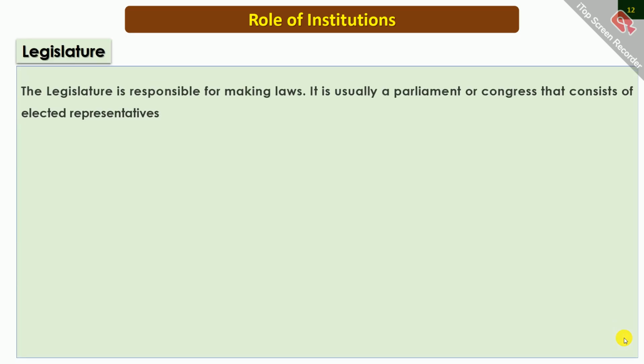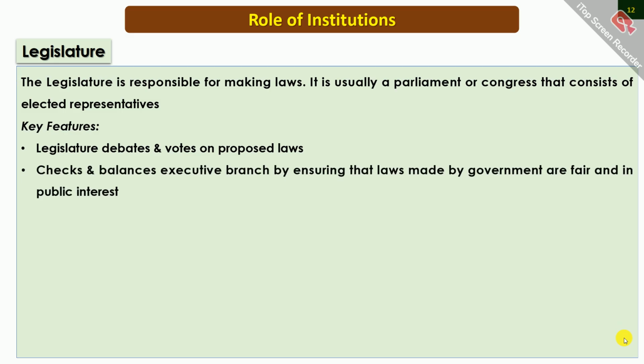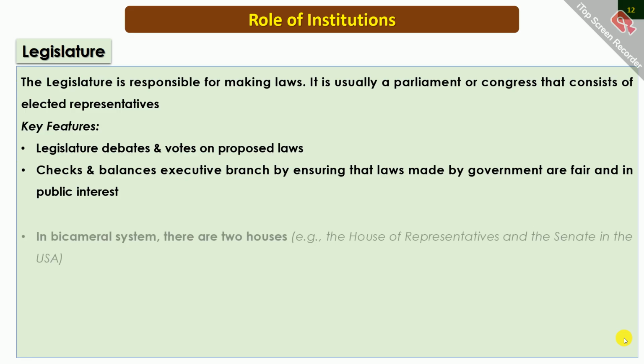So far as legislature is concerned, it is responsible for enacting laws. It is usually a parliament or congress that consists of the elected representatives. Key features include legislative debates and votes on proposed laws, checking the executive branch by ensuring that laws made by government are fair and in public interest.